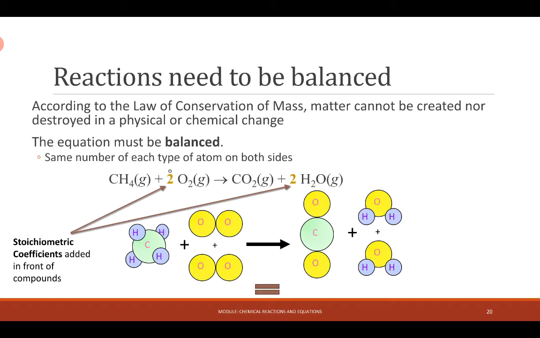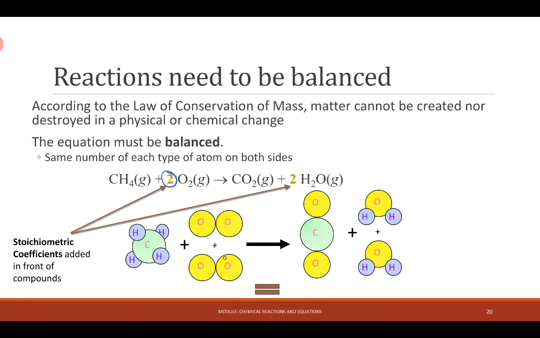And we balance chemical equations by putting coefficients up in front to show what ratio these compounds react in. For every 1 methane, I'm going to need 2 oxygen molecules. This 2 comes up in front to represent that we have 2 separate O2 molecules.